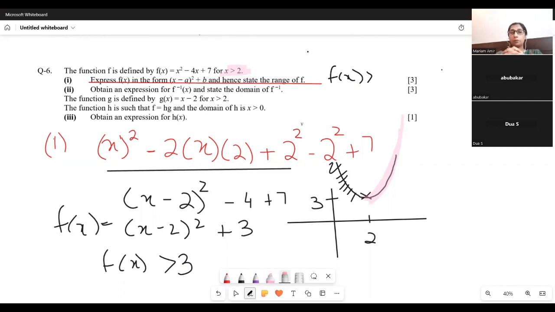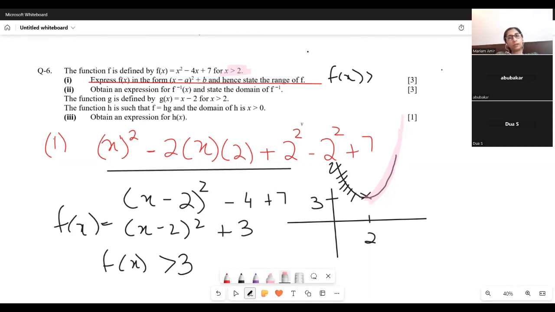But these are infinite values. You would have to start with 2.1, 2.2, 2.3, 2.4 like this. We can't take 2, right? If you take 2, you'll get 3 when x equals 2, and then you keep increasing and you'll get values bigger than 3.